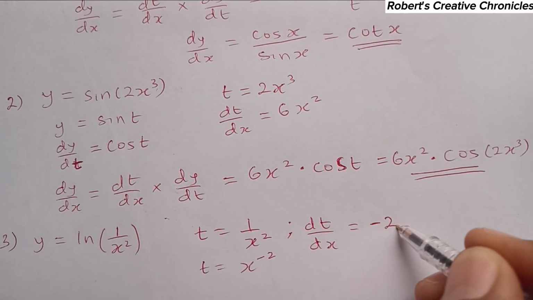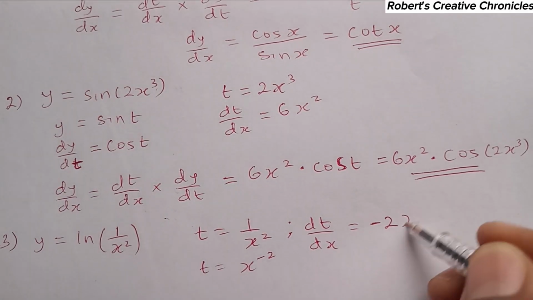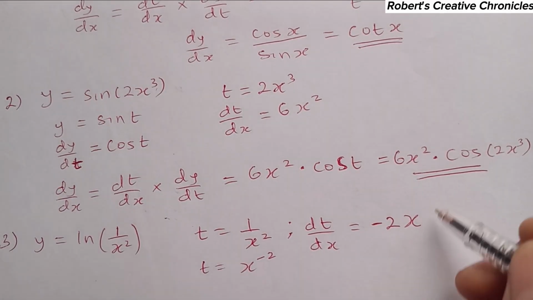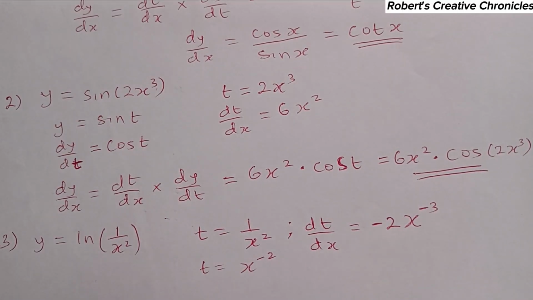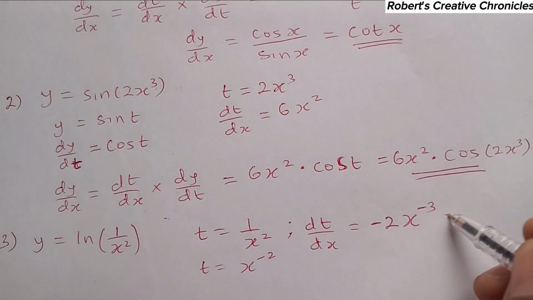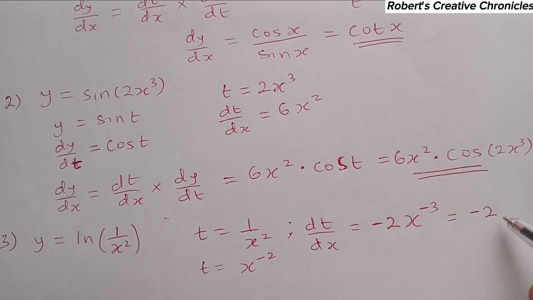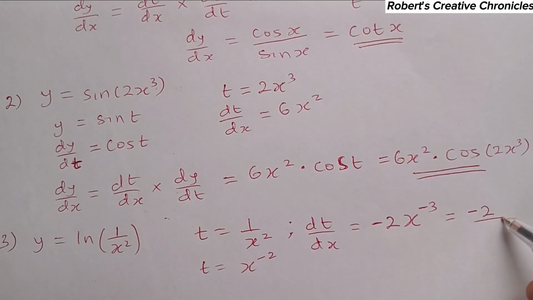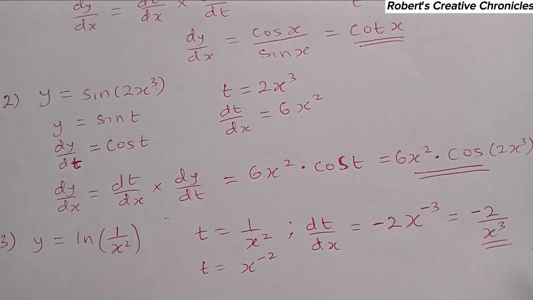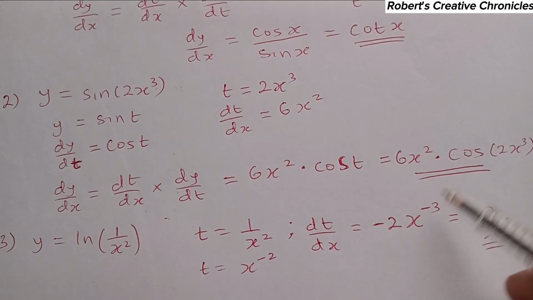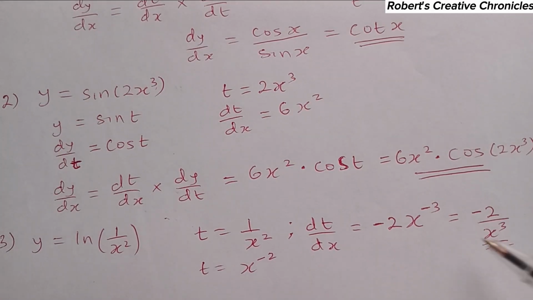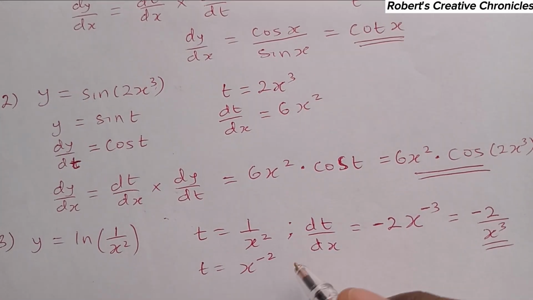Negative 2 x to the power of minus 2 minus 1, which is minus 3. So this becomes what? Negative 2 over x cubed, because this will become 1 over x cubed. So this is the derivative of this.